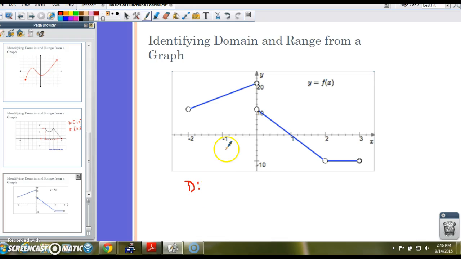So our domain goes from -2 is our smallest value here, right? -2. There's an open circle there, so I can't include -2. Okay? And I'm continuous all the way until I get up to 0 for x, right? But I can't include 0 because those are both open circles.